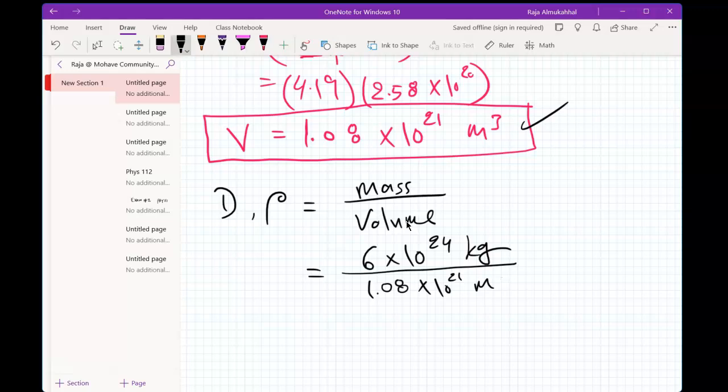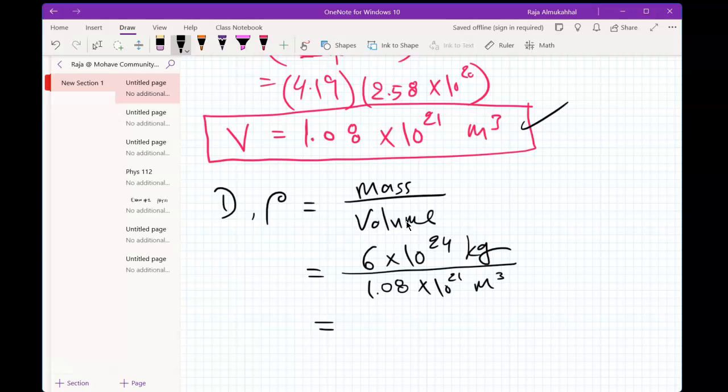Again, I use my calculator. So I have 6 times 10 to the power of 24. I want to do it again, I made a mistake, I think. Divided by 1.08 times 10 to the power of 21.